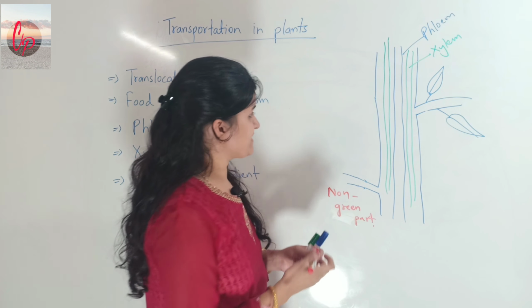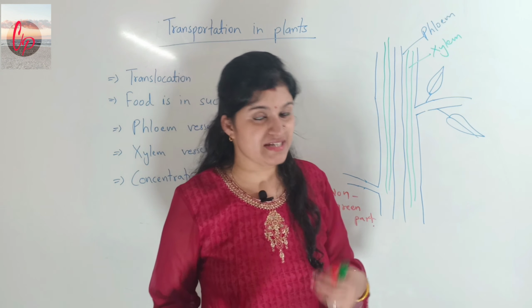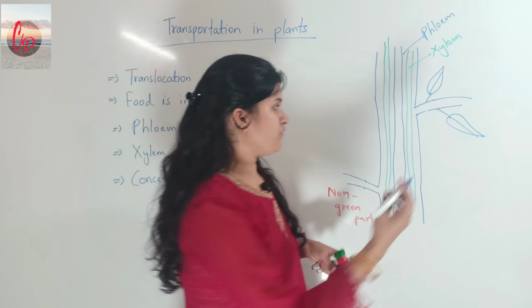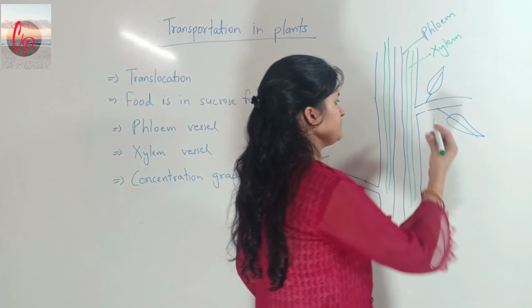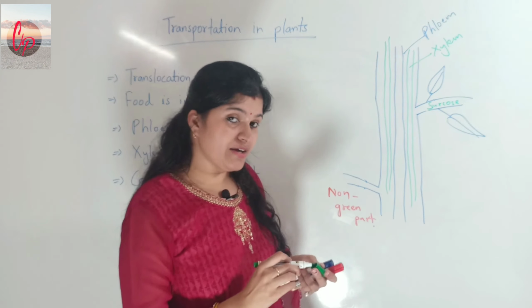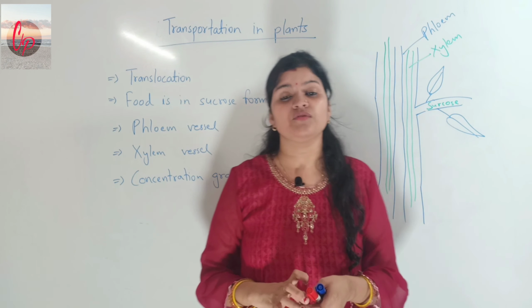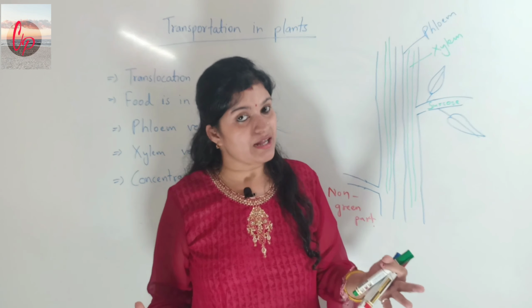Now the food is present here in the green parts, because with the help of the process of photosynthesis the plants have made their food. It is in the form of sucrose. Now the tree which has to transport the food is very much concerned about the other parts of the tree.